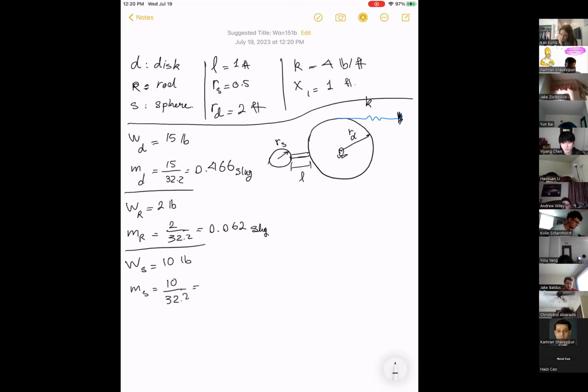And 10 divided by 32.2, 0.311. Okay. So let me highlight the numbers that we need. This guy, this guy, this guy, X1. And these are the values we use in the equation.